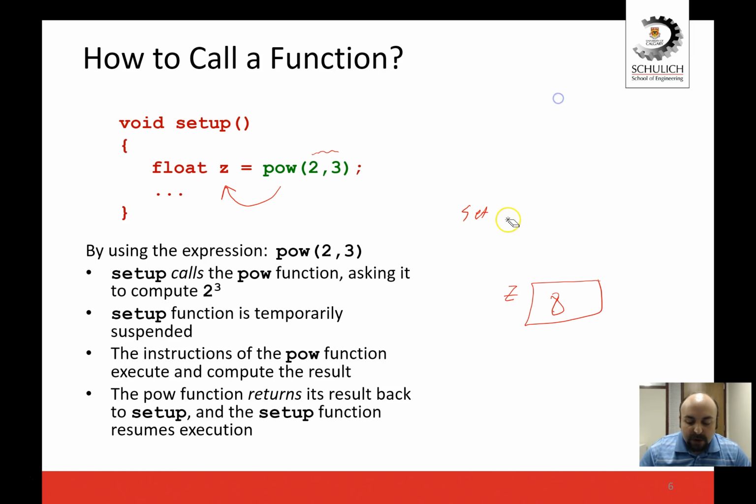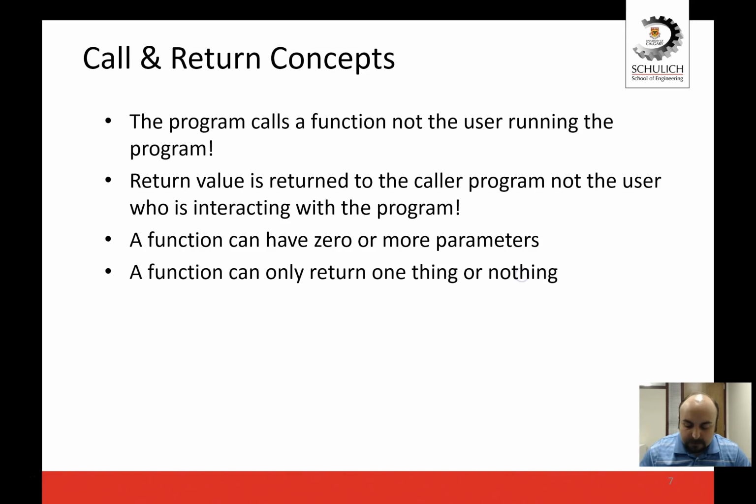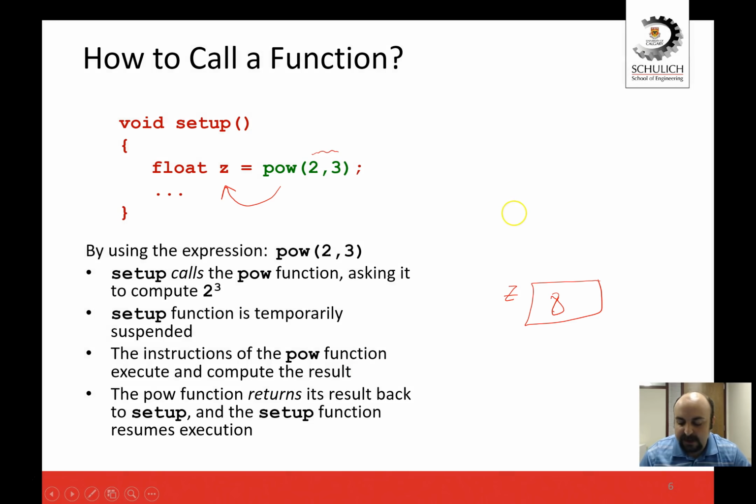In terms of the control of the program, basically you have setup, and this is the control of the program, right? So if there is no draw function, your program is going to end at the end of setup.